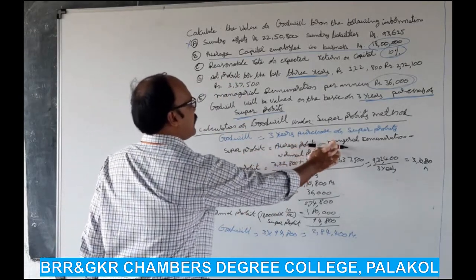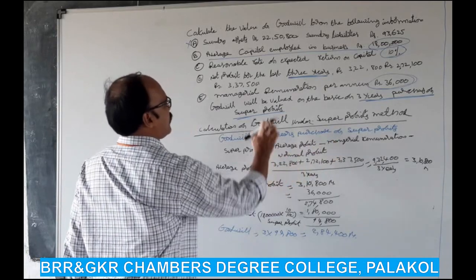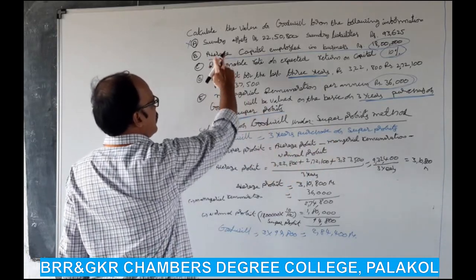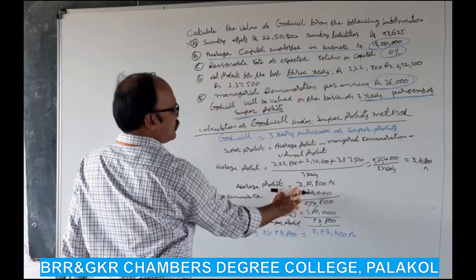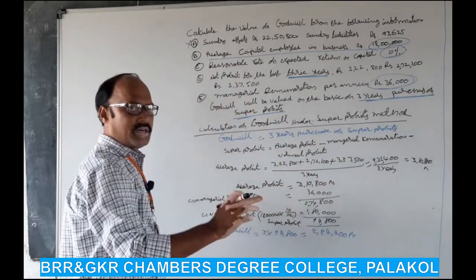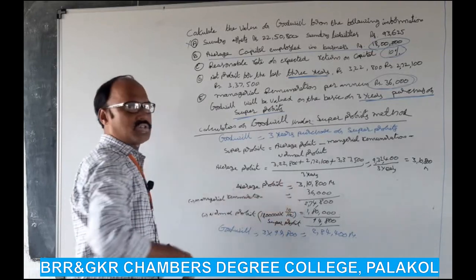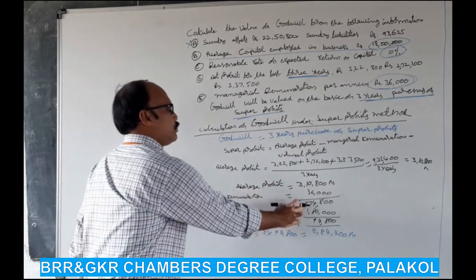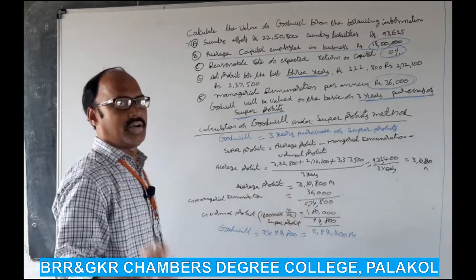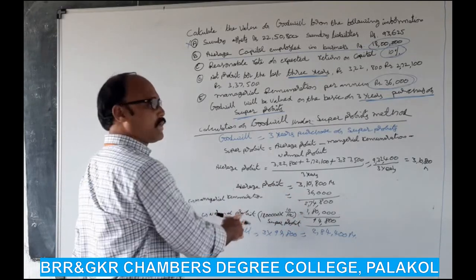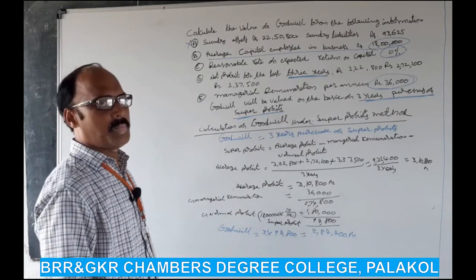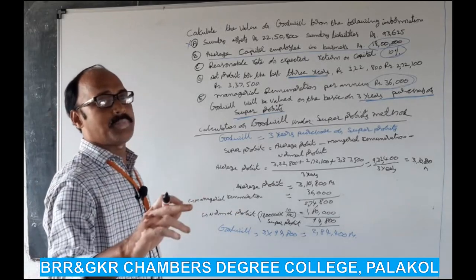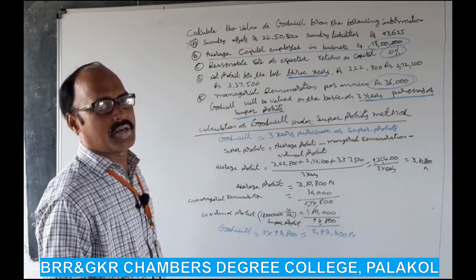Step 2, minus managerial remuneration, directly available in the problem, 36,000. So 3,10,800 minus 36,000 is equal to 2,74,800. Minus normal profit. What is the principle for calculation of normal profit?